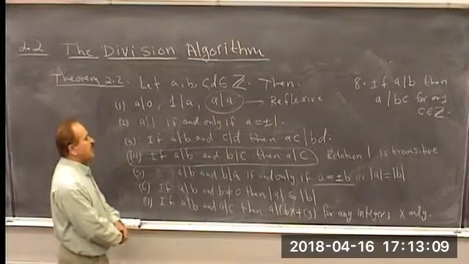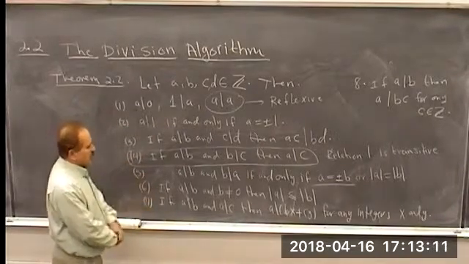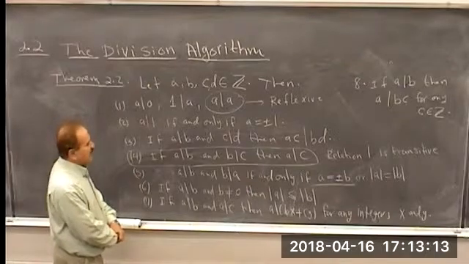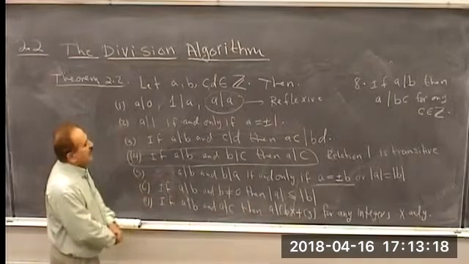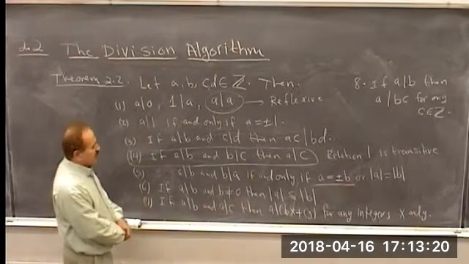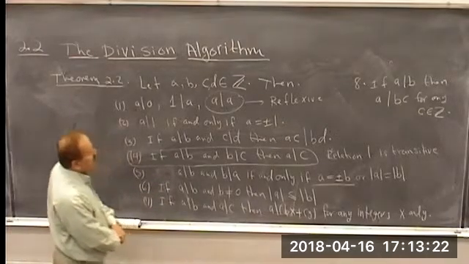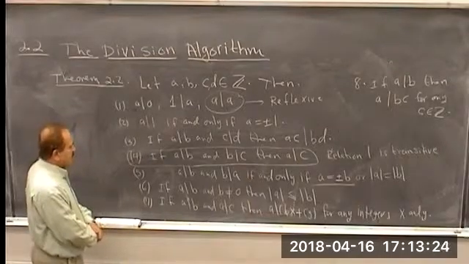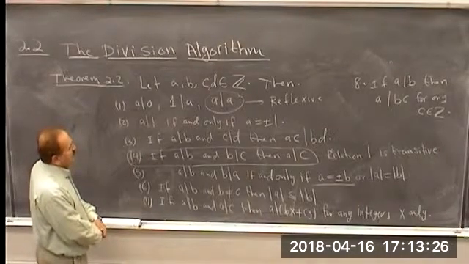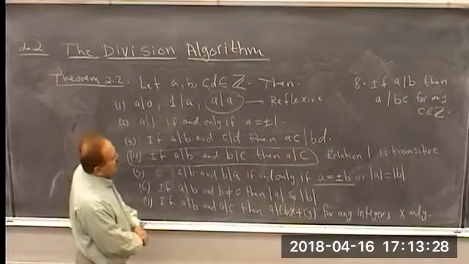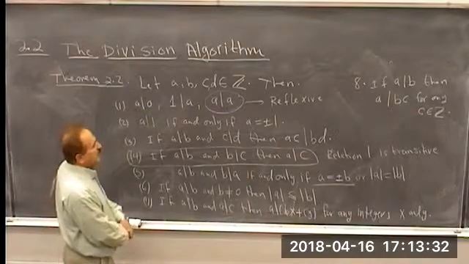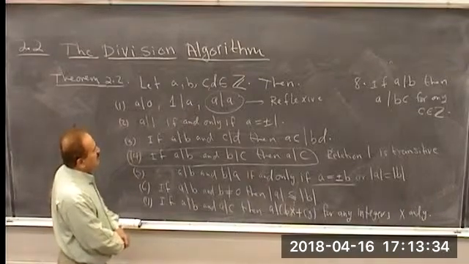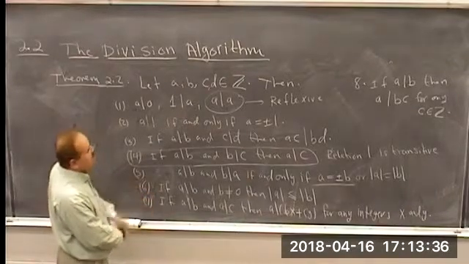So if we restrict ourselves only to the natural numbers, not allowing negatives, this becomes what we call anti-symmetric, okay? This relation is anti-symmetric. All right, now these properties, reflexive, transitive, anti-symmetric, define a partial order relation on the set of natural numbers at least.